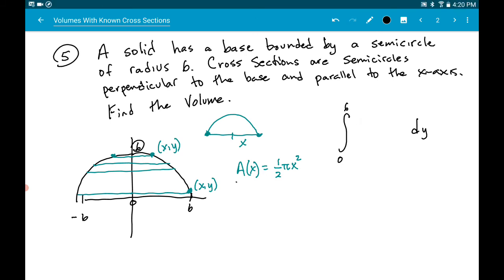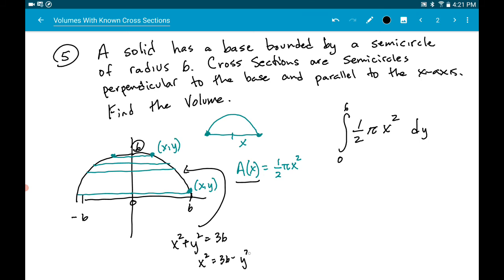And I'm going to put my area formula in here, but we've got some substitution. And so this is where the other section comes in. We need an equation of the semicircle. And with a radius of 6, we'd have 6 squared here, which means we could say x squared is 36 minus y squared.